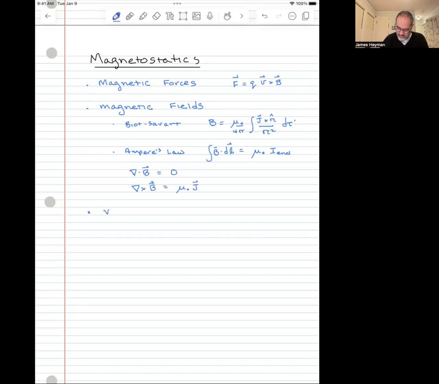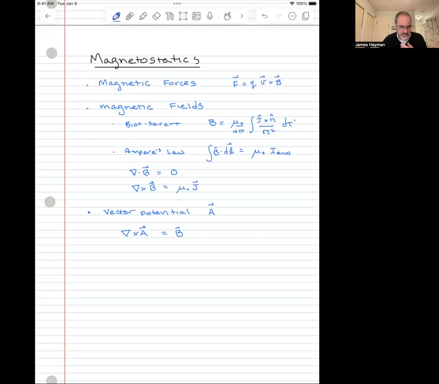Most recently, we've talked about the vector potential. The vector potential, we said, was defined through this relationship: the curl of A is equal to B. So A is a vector function whose curl is equal to the magnetic field.